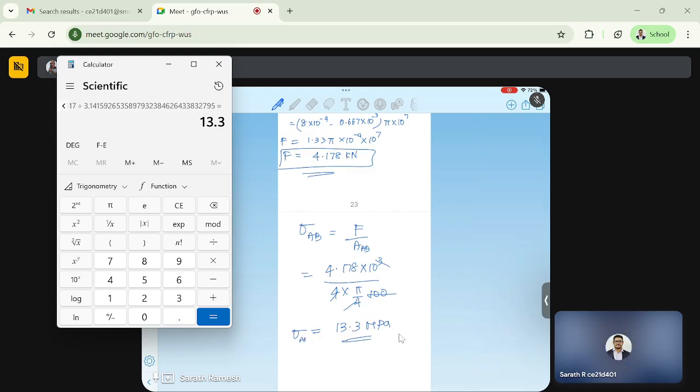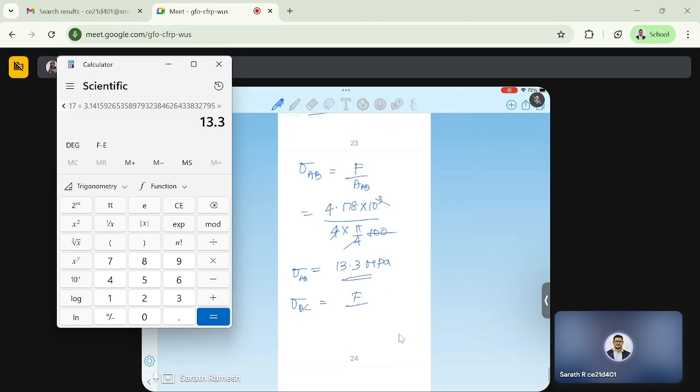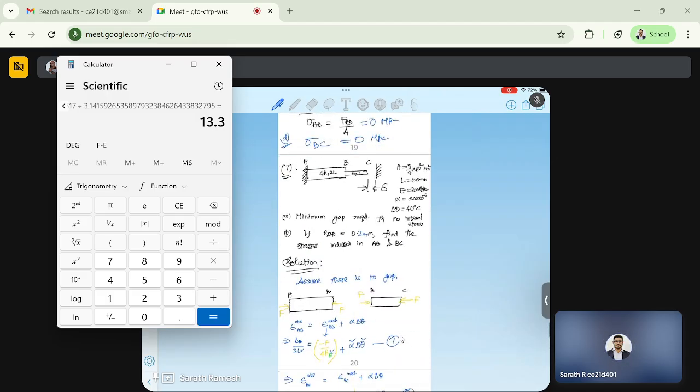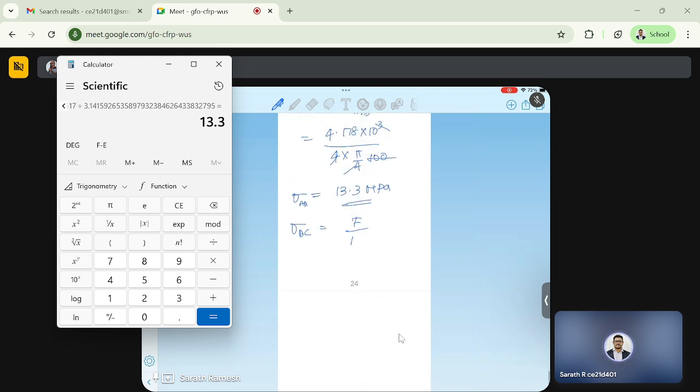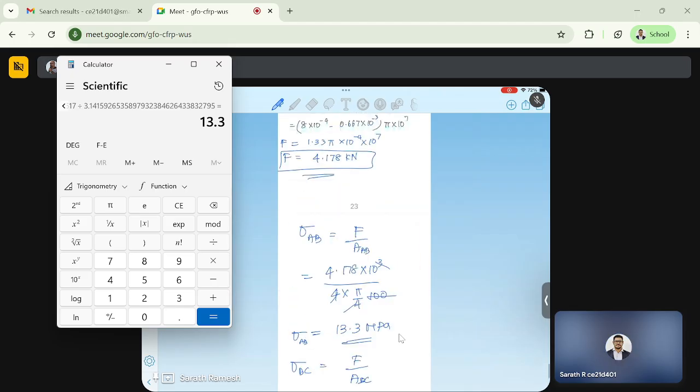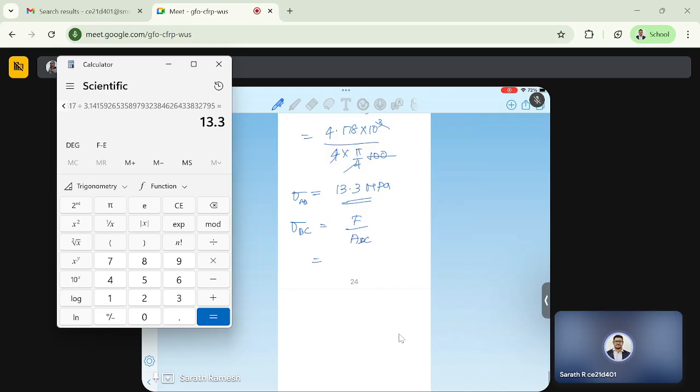That is sigma AB. And sigma BC will be force by area, because in the free body only F is there, by area of BC. Force is 4.178 into 10 power 3 by area of BC, which is only pi by 4 into 100.